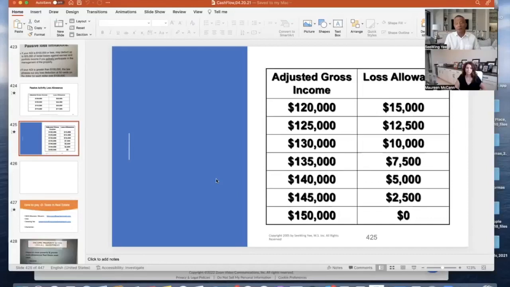But even if you do, it's okay. You get the suspended passive losses for the future, because in the future, when you accumulate a whole bunch of passive losses, if you sell any of your properties, you may not need to do a 1031 tax-free exchange. You can apply that whole chunk of accumulated passive losses over time.